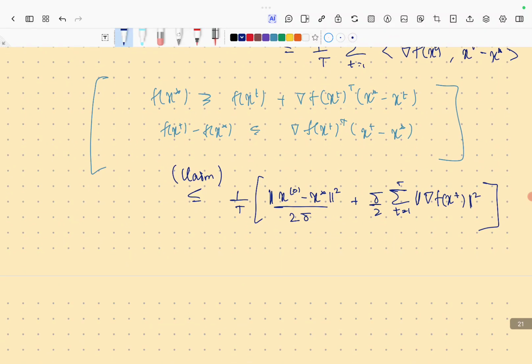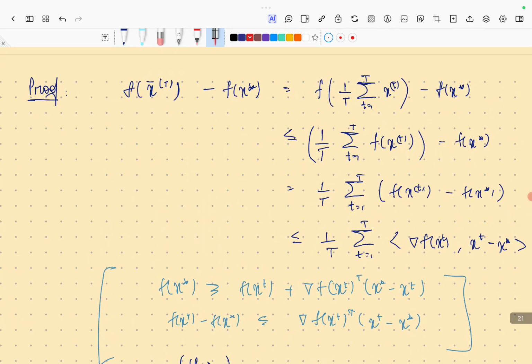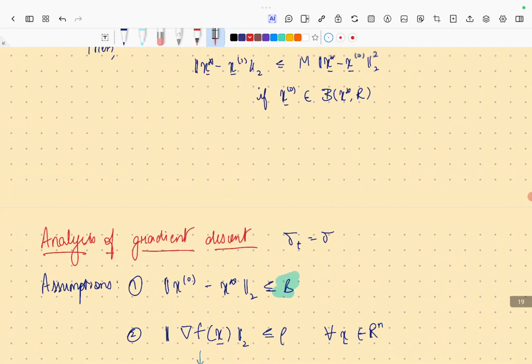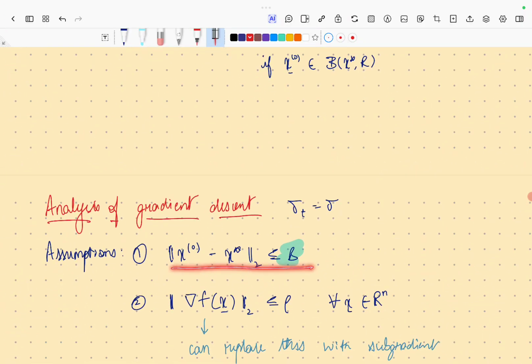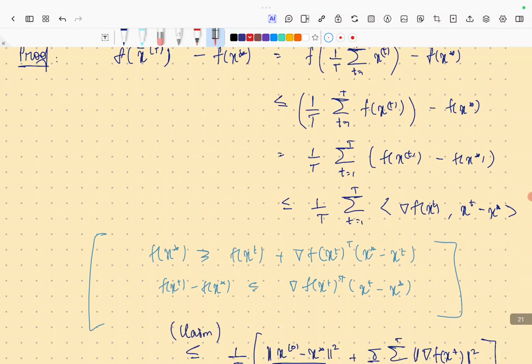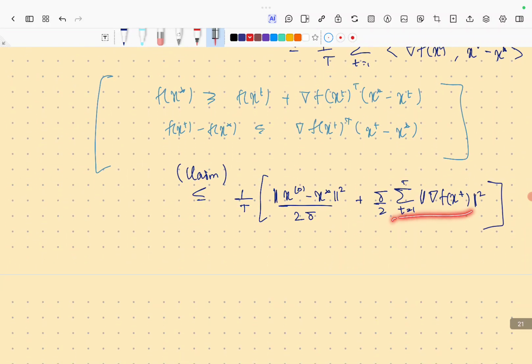What did I assume on this first quantity, this first term? Within B. Yes, it's less than or equal to b. And what about the second term, the gradient of f of xt? This quantity is less than or equal to rho.